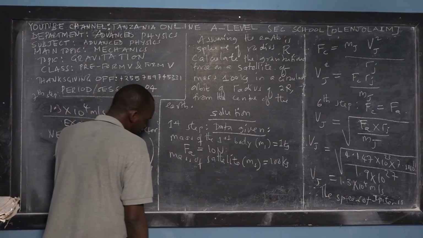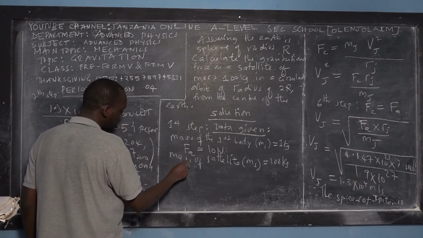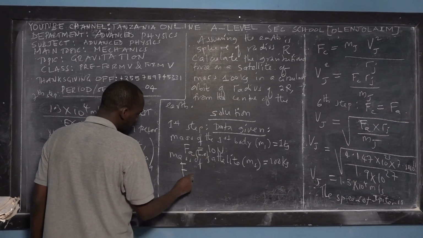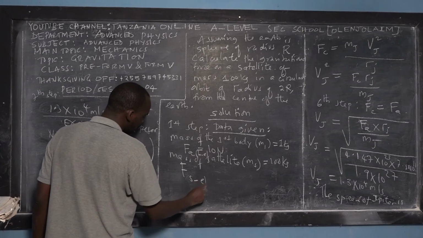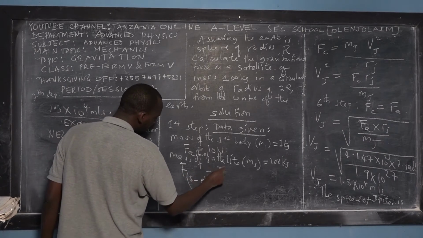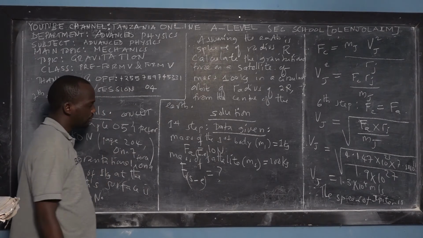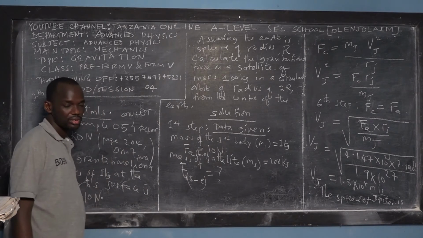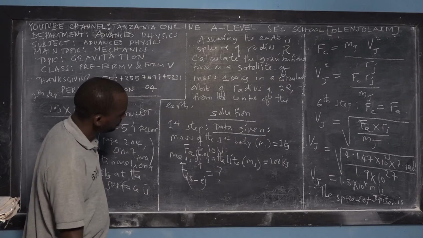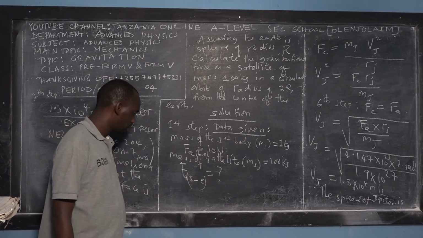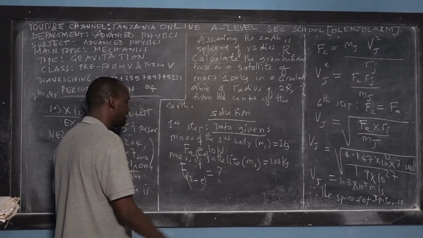What you have to find is the force of attraction between the satellite and the Earth. That is required. I don't know if you have understood this notation. This is the force of attraction between the Earth and the satellite.